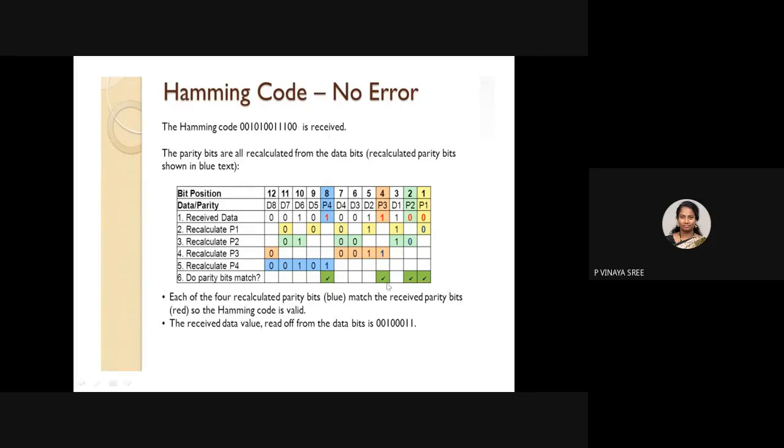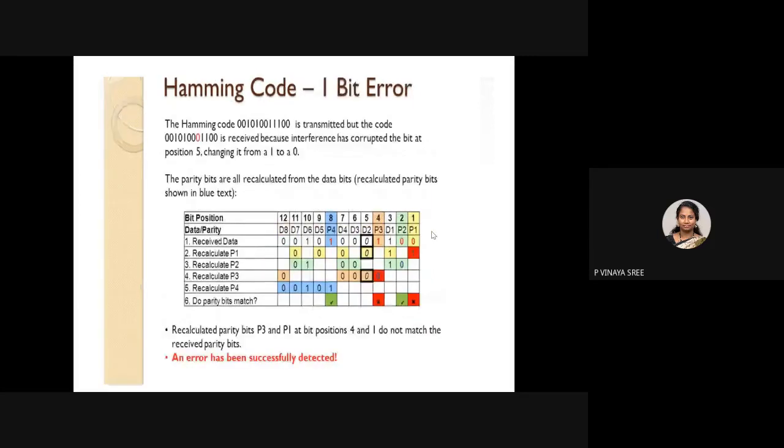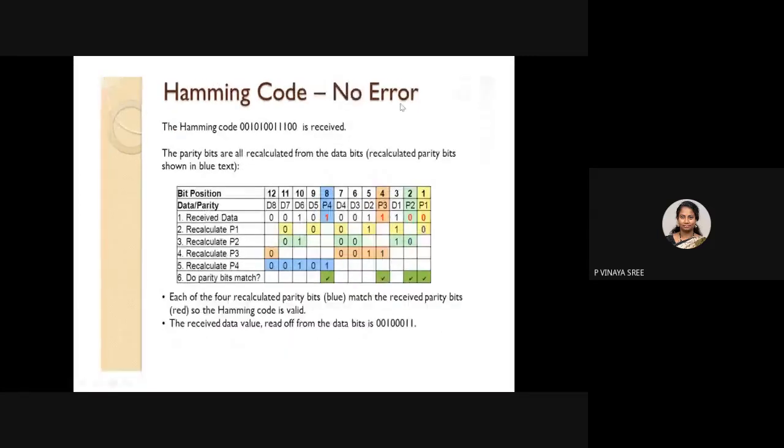The receiver will compute the parity bits again. If the receiver gets all zeros, that indicates it is correct.